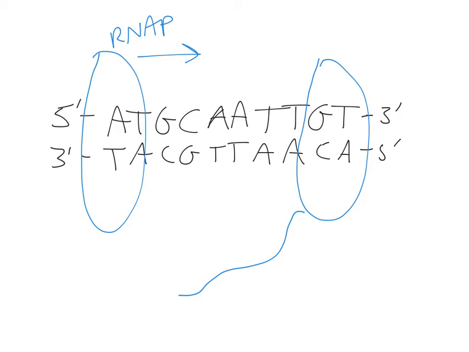So all nucleic acids get synthesized in the same direction. You always add new nucleotides to the 3' end, which means the 3' end is going on in here. That's where RNA polymerase is actively putting new nucleotides onto this transcript, which means the 5' end is hanging out in the breeze. And you already knew that, even if you didn't know that. You knew that because that's where the 5' cap gets added.